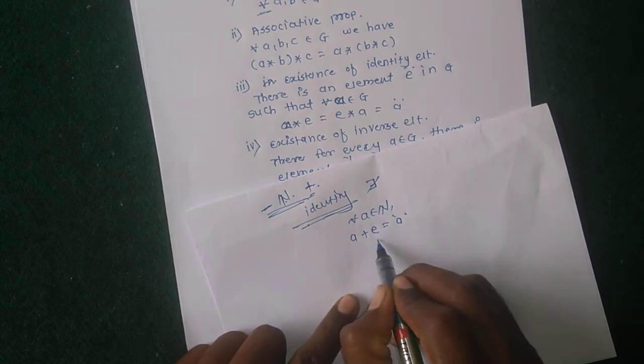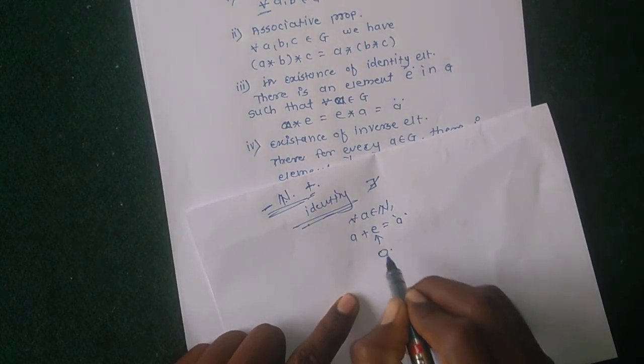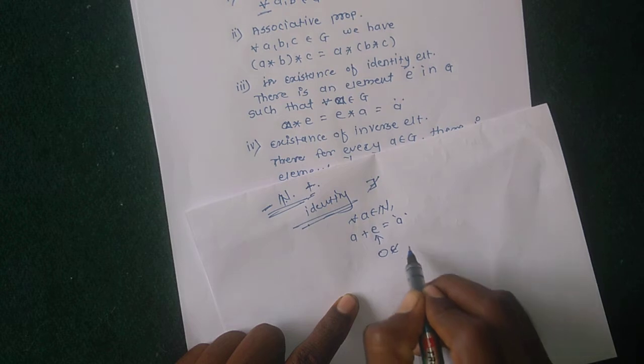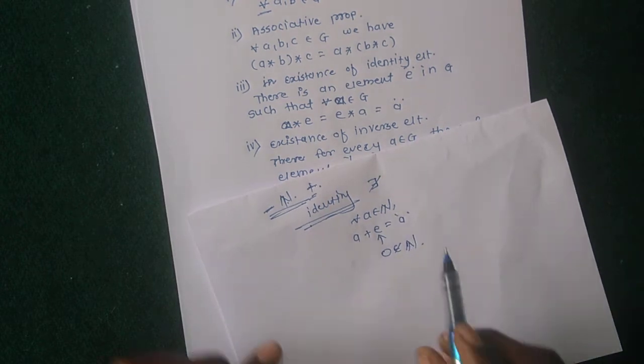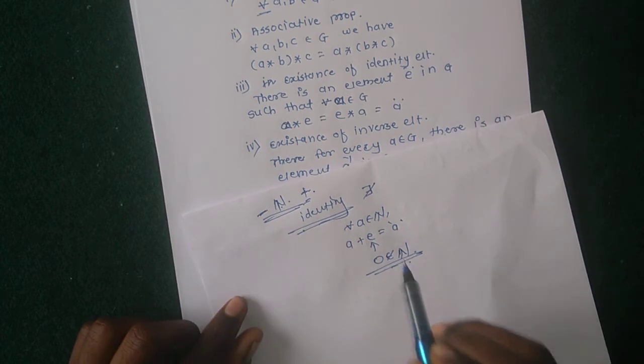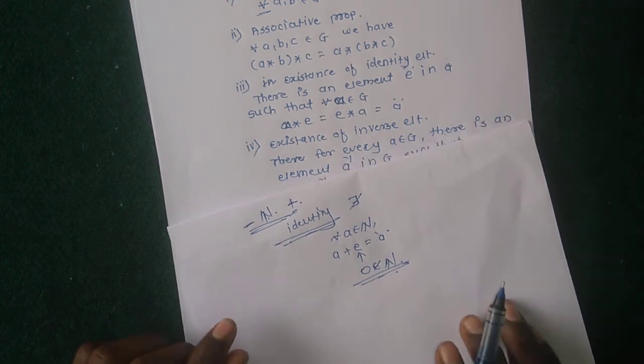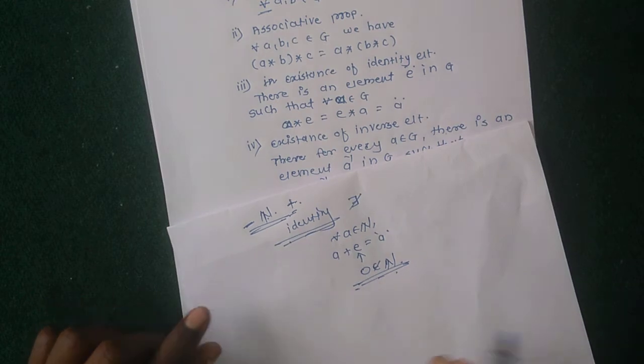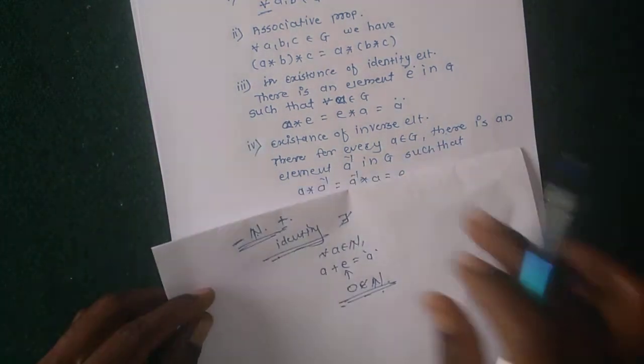This equality is satisfied when E equals 0, but 0 does not belong to the set of natural numbers N. Therefore the identity element does not exist in the natural numbers, therefore one given property has failed.